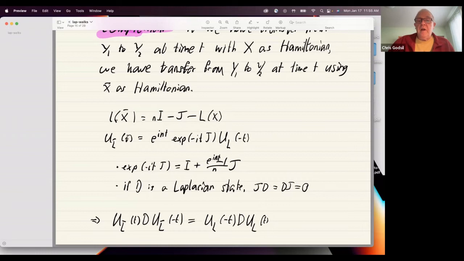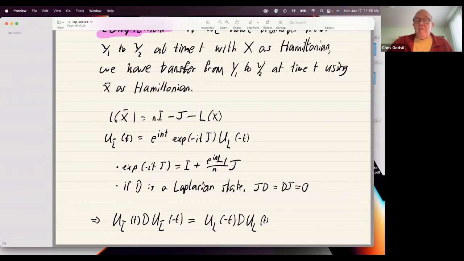So each of those commute. That means that the transition matrix U of t factors into 3 terms. The first term is e^{-itn} corresponding to the identity matrix. Then e^{itJ} corresponding to this, and we get U_L of minus t corresponding to this. Then we do a little bit of calculation to get that e^{-itJ} is equal to this.